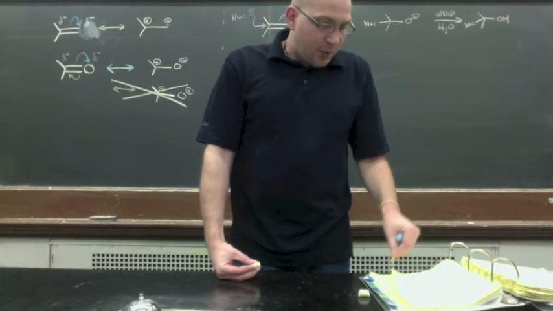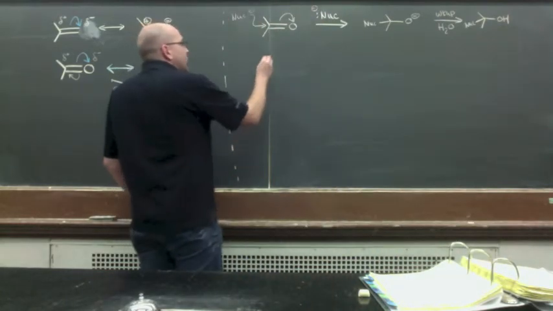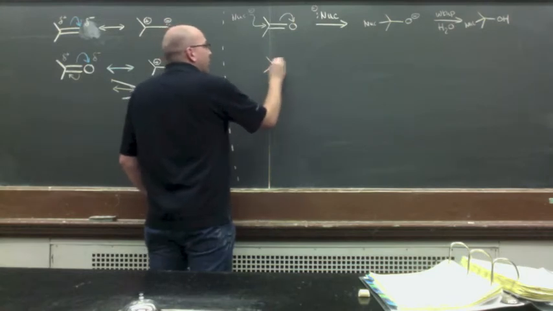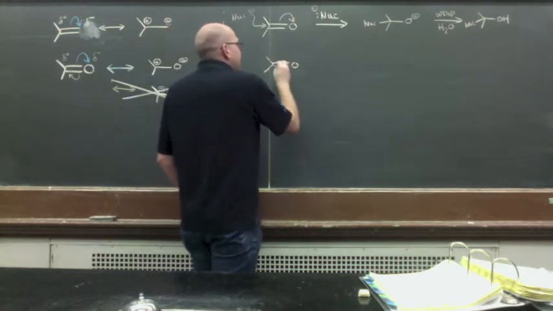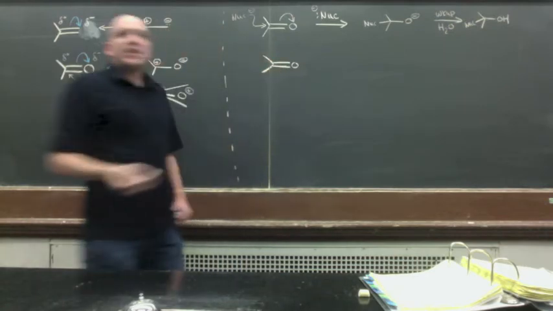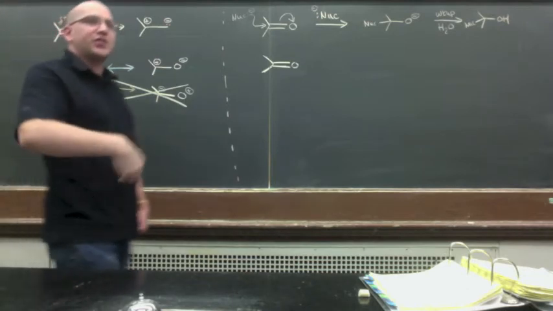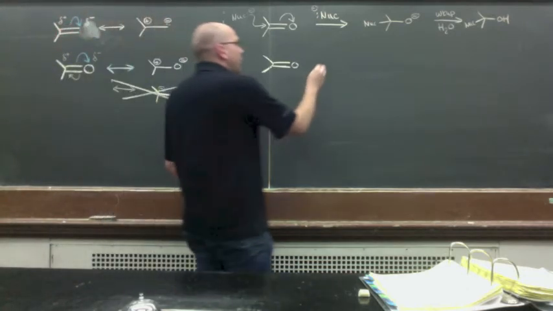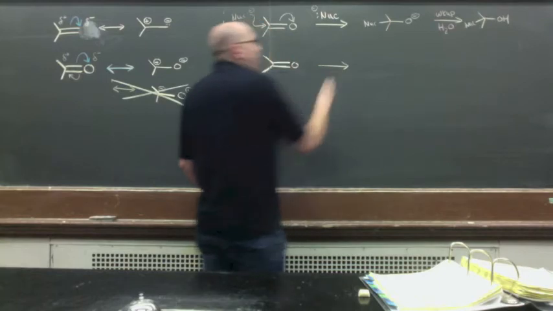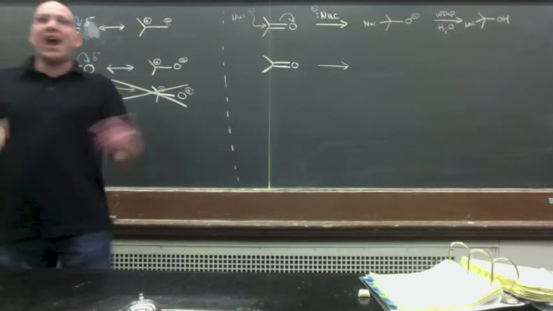Okay? Alternatively, the other thing that we'll see from time to time as we're talking about carbonyl chemistry is we can take these molecules. I won't show a full reaction, but this is just to get you guys thinking from a mechanism standpoint. If we want to take this and instead of treating it with a nucleophile, we want to treat this with an acid, right?